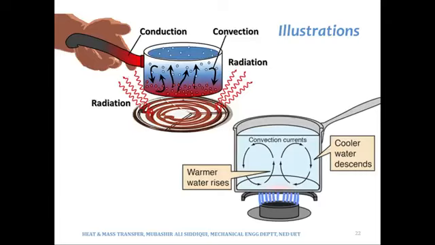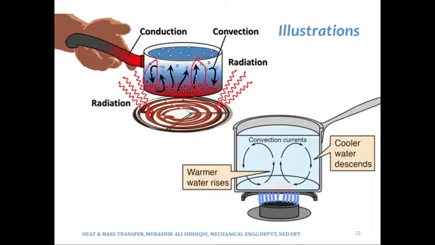If the water is getting heated up, it will move in the upward direction, and then it will be replaced by the cold water. See, the red is going up and the blue is coming down.